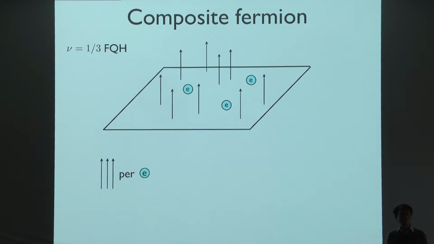Each arrow corresponds to 1 unit of magnetic flux quantum. You can count here there are 3 electrons and 9 arrows, which means that in the lowest Landau level we have 9 states, but there are 3 electrons. The filling fraction is equal to 1/3. In other words, filling fraction 1/3 corresponds to 3 magnetic flux quanta per electron.